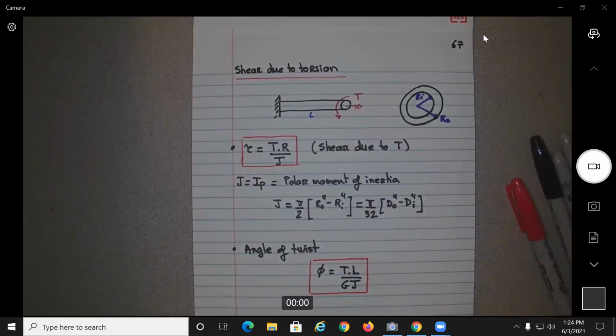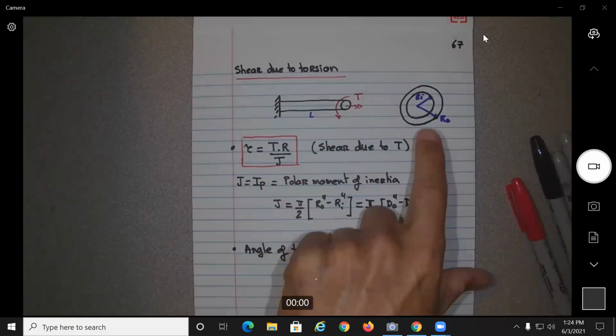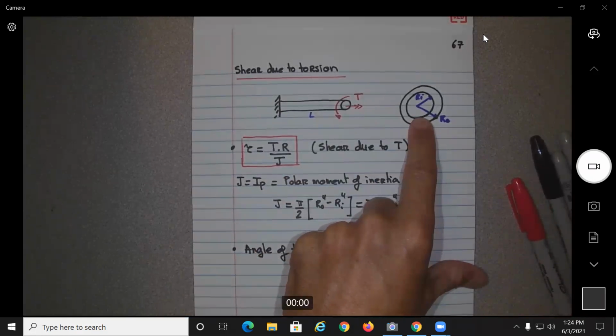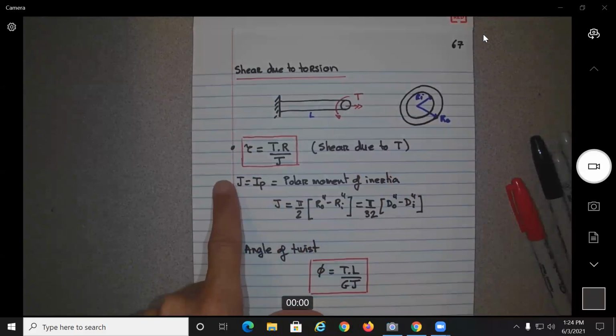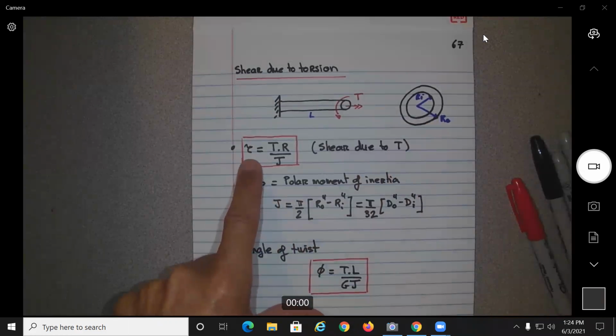So if J is the resistance to the torque, the rotation around the axis, then looking at this equation, the bigger the J, the bigger the resistance, no? And the lower the J, the lower the resistance. So which one will be able to resist more shear?